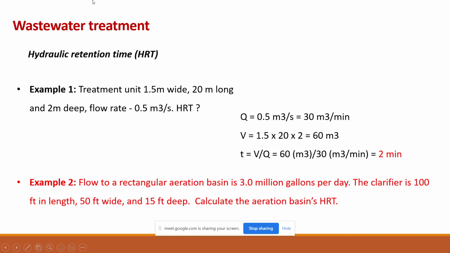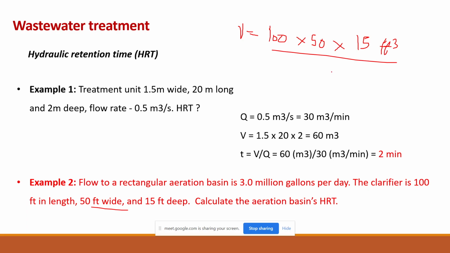So what you were supposed to do in this question is, first you will calculate the volume. How will you calculate the volume? Volume will be 100 multiplied by your breadth, that is 50, and then you have to multiply it by the depth, which will be 15. Fine. So this will give you the volume in feet cube.